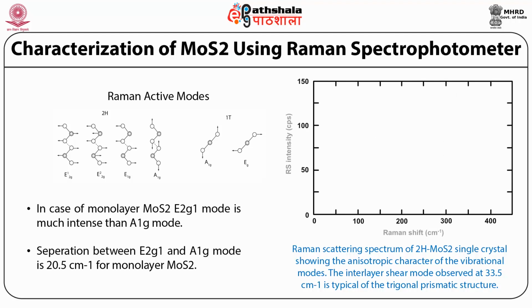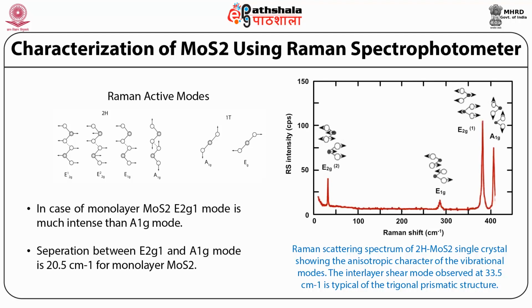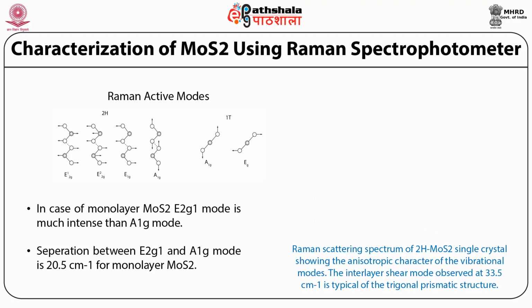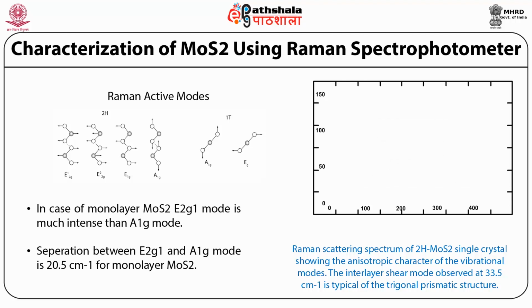In addition, a rigid layer mode E2 at 32 cm inverse is present, which is of interlayer type involving rigid motion of neighboring layers in antiphase.